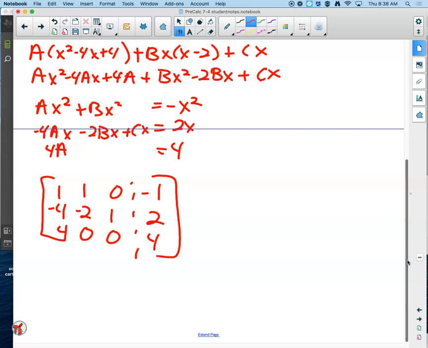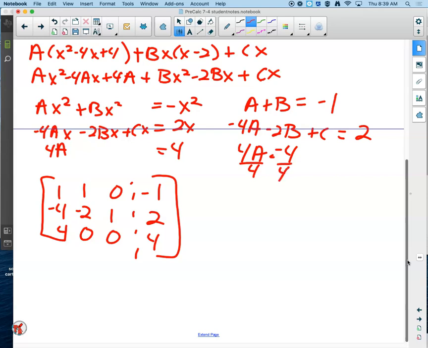But look at how we can find A really super quickly and fast. So maybe this is another one where we really don't need to use matrices and the calculator. So A plus B has to come out to -1. -4A minus 2B plus C needs to come out to 2. And 4A equals 4 would be our starter. So we divide both sides by 4.